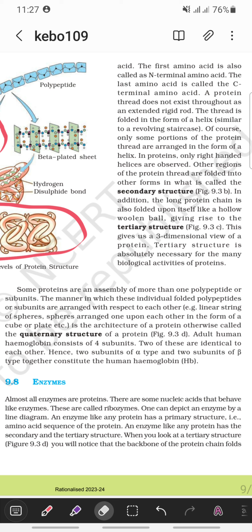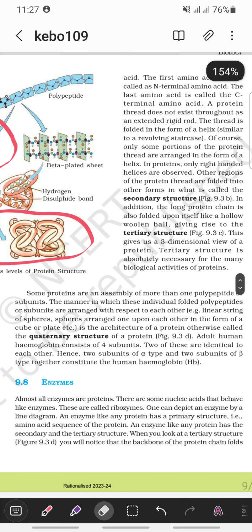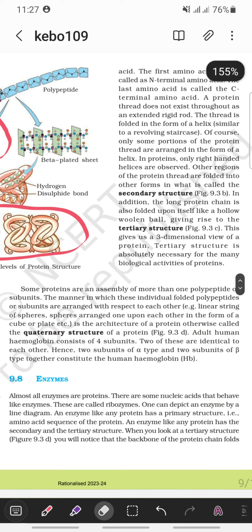Some proteins are an assembly of more than one polypeptide or subunit. The manner in which these individual folded polypeptides or subunits are arranged with respect to each other, for example linear strings, pairs arranged one upon each other in the form of a cube or plate, etc., is the architecture of a protein, otherwise called the quaternary structure of a protein, Figure 9.3d.